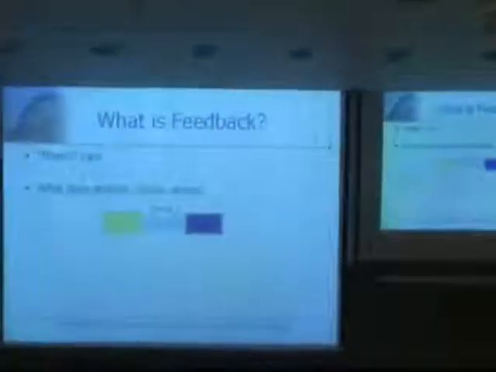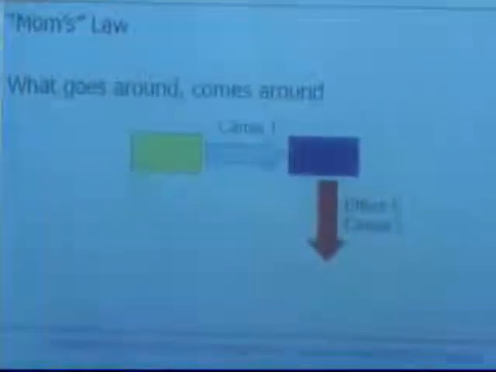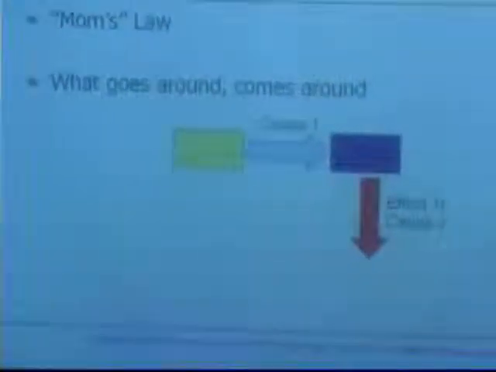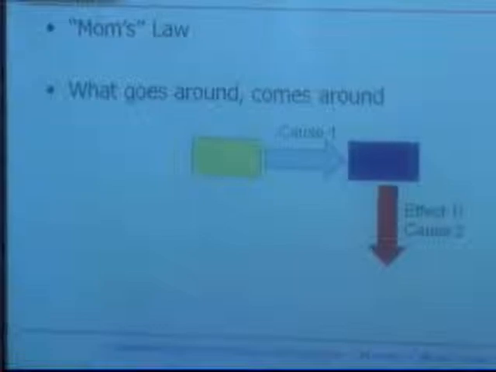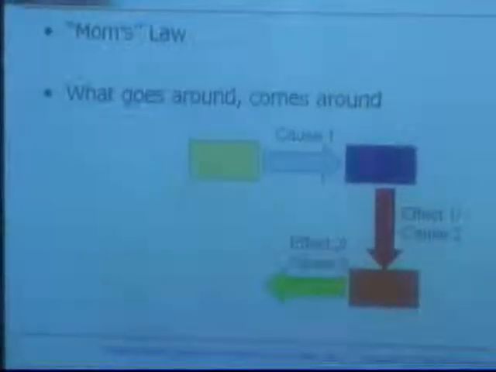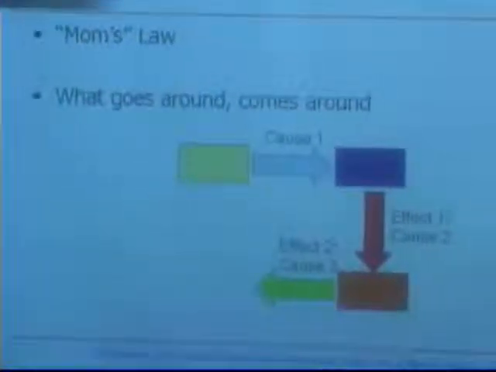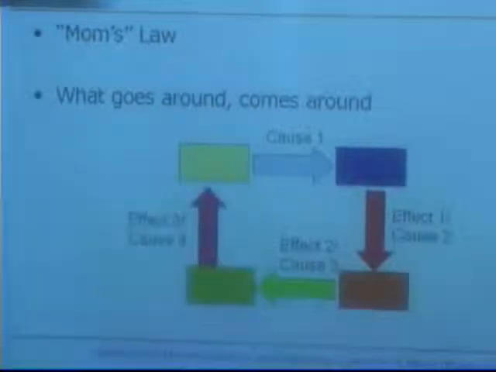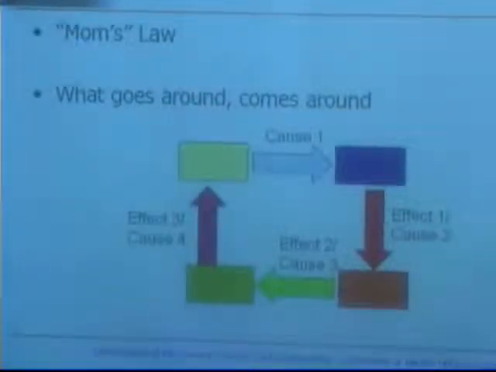The general idea of feedback is if I have some cause, it's going to have an effect on some system, just like we had before. And that effect becomes the cause of a second event, which then becomes the cause of another event.